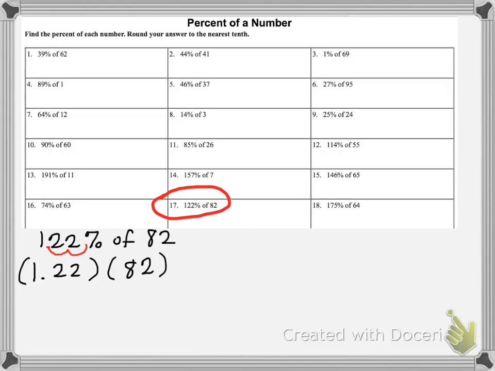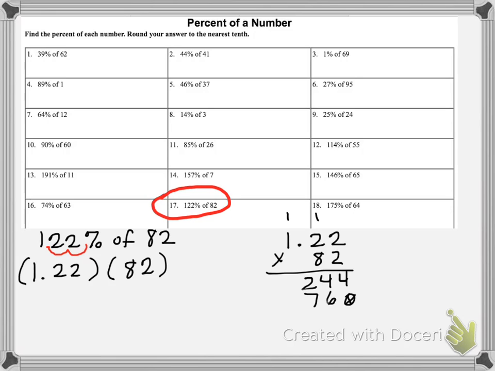So I come over here to the right and I have 1.22 times 82. 2 times 2 is 4. 2 times 2 is 4. 2 times 1 is 2. 0 to hold the place. 8 times 2 is 16. Carry my 1. 8 times 2 is 16 again. Oops, see that? Made a mistake. 8 times 2 is 16 again, plus the 1 makes it 17.